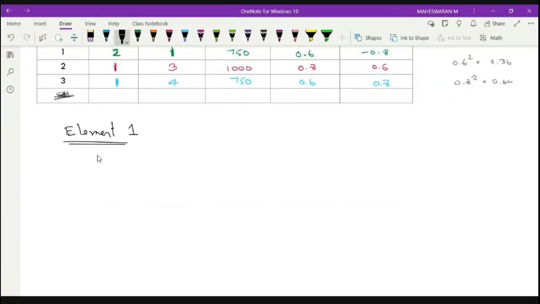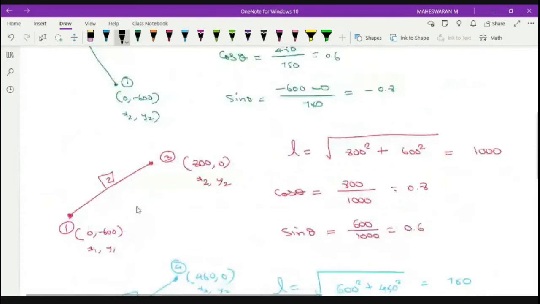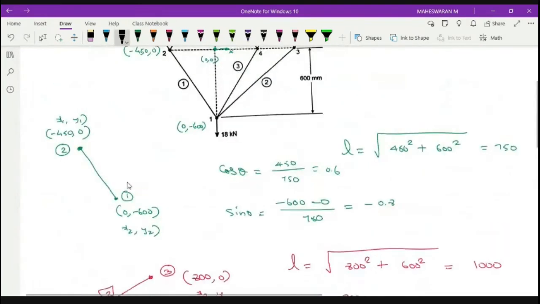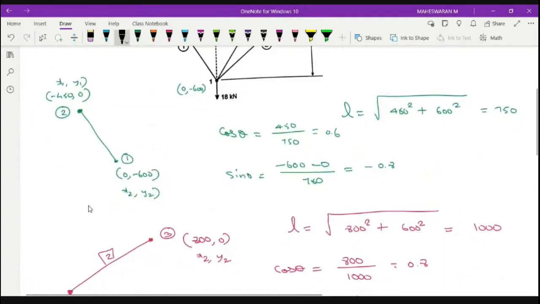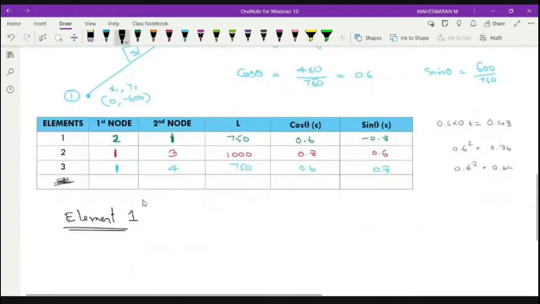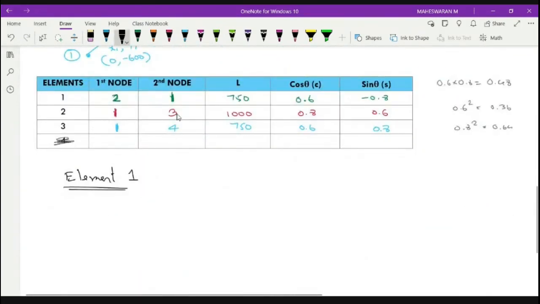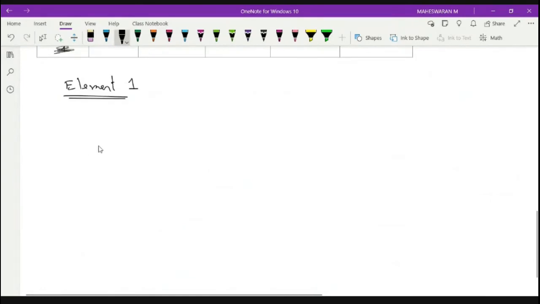Element 1 is connecting nodal point 1 and 2. You see that the first node is 2, and the second node is 1. So you know what the formula is. What is my K formula?